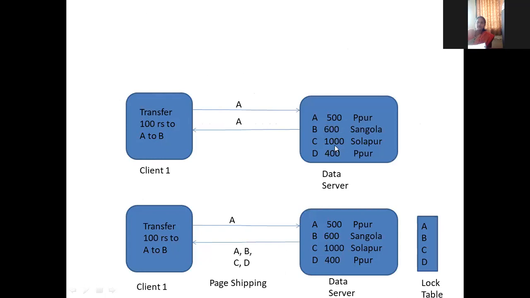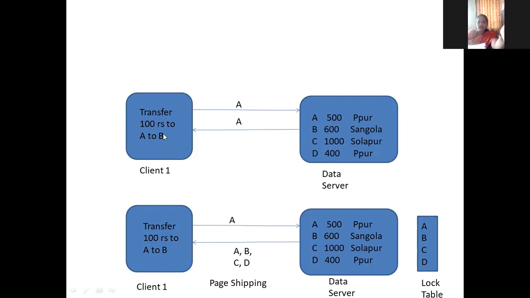This is a data server, and in that data server there are four account holders: A, B, C, D. Account A has 500, account B has 600, account C has 1000, and account D has 400. Account A's branch is Pandharpur, B is Sangola, C is Solapur, and D is Pandharpur again.